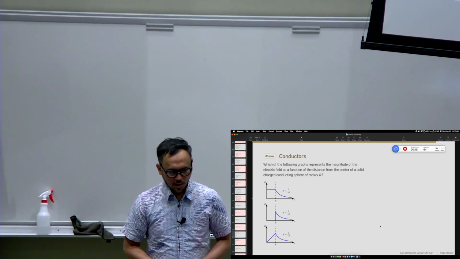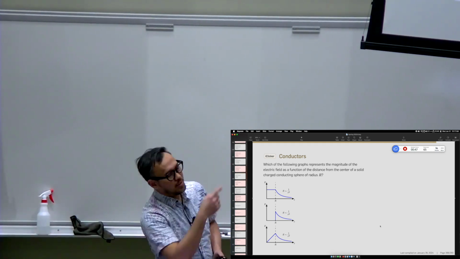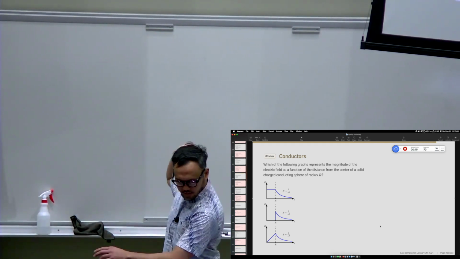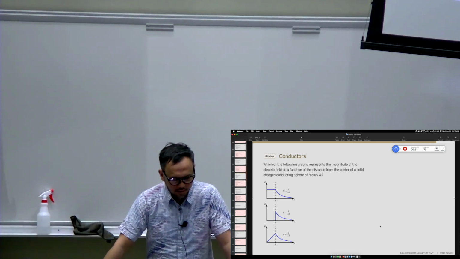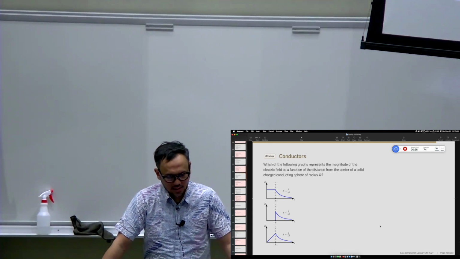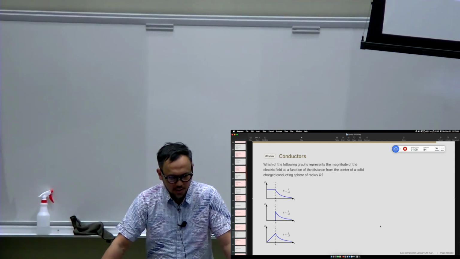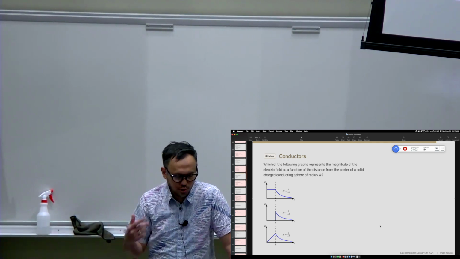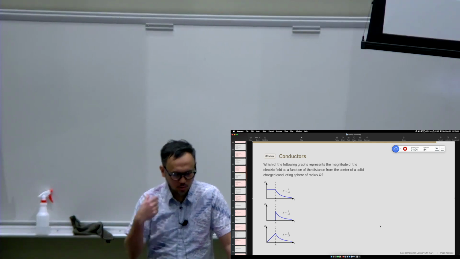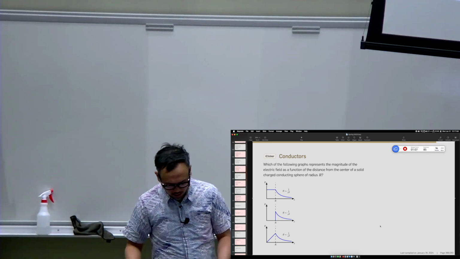Okay, so the problem says it should appear on the right screen. Which of the following graphs represents the magnitude of the electric field as a function of the distance from the center of a charged conducting sphere of radius r.